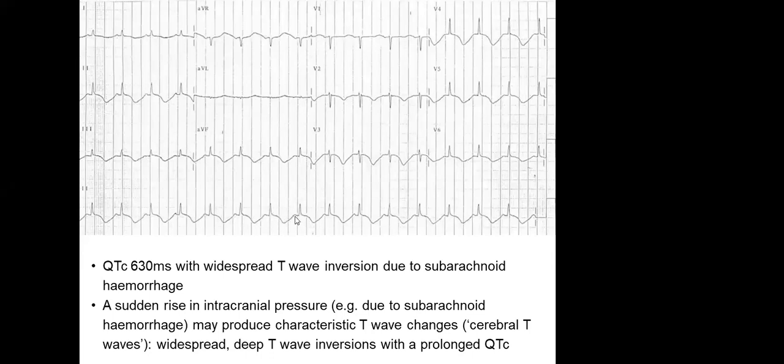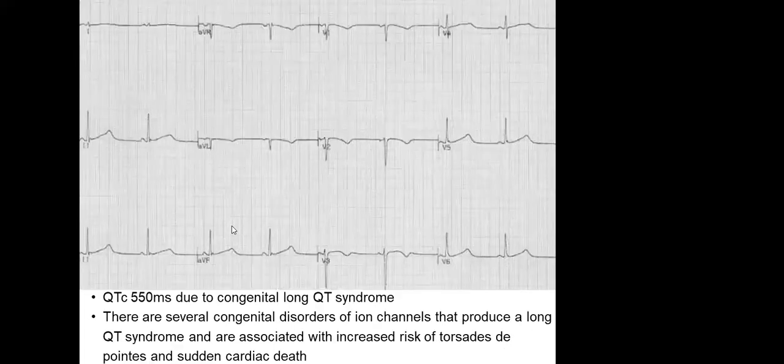History is suggestive of head trauma. The relevance of getting an ECG in a child with head trauma is to check for QT prolongation with relevant T wave changes. In this one, you see the QRS complex is not abnormal, but this is a case of congenital long QT syndrome, because congenital long QT syndromes are due to disorders of ion channels which lead to long QT.